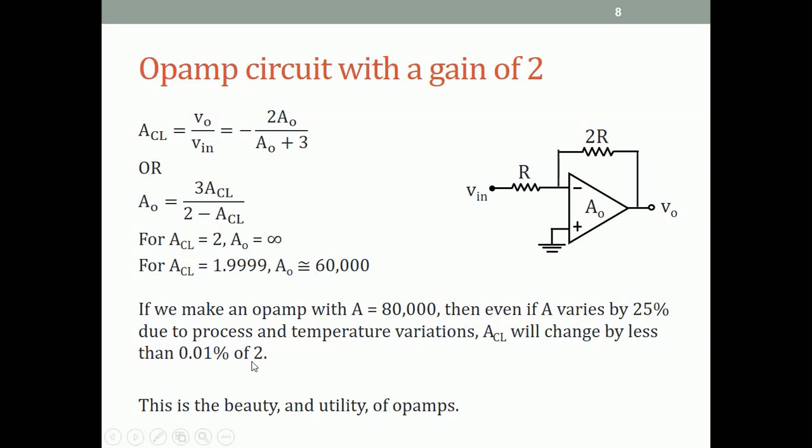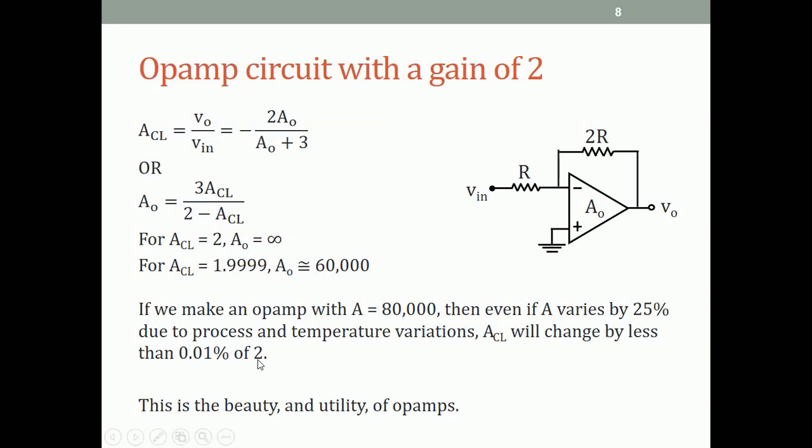This can be shown. You just put A0 equal to 60,000, 80,000, 100,000 in this equation and find ACL. You'll find that the ACL variation is less than 0.01% of 2.